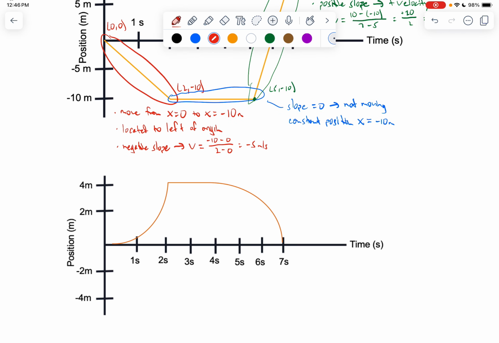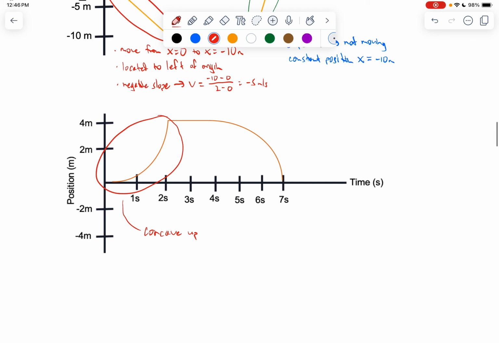In the case in which we have a graph that is concave up or concave down, this first region of our 2 seconds is the hallmark of what a concave up graph looks like. So one thing we can say is that we're going to have an overall positive slope.